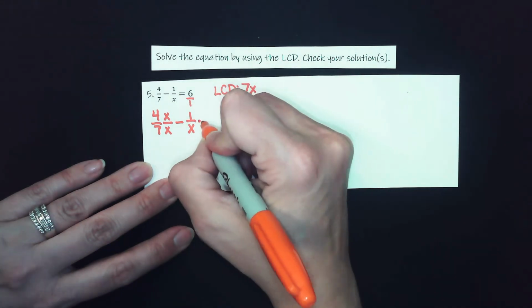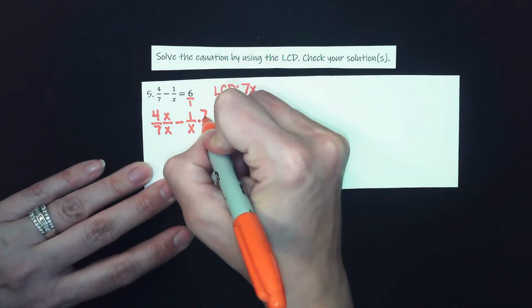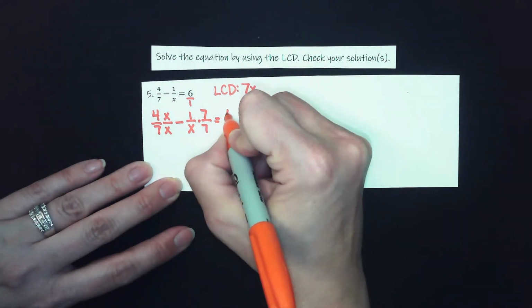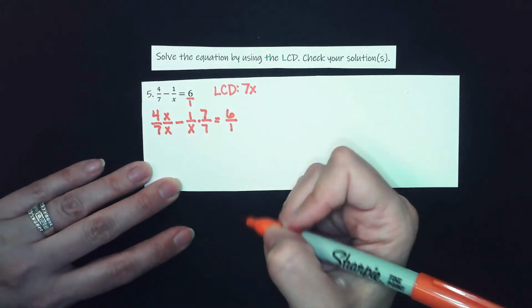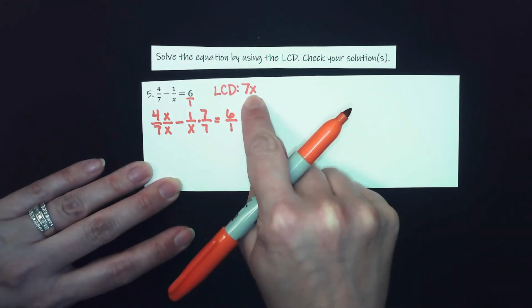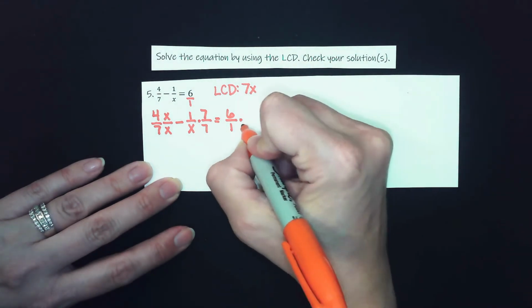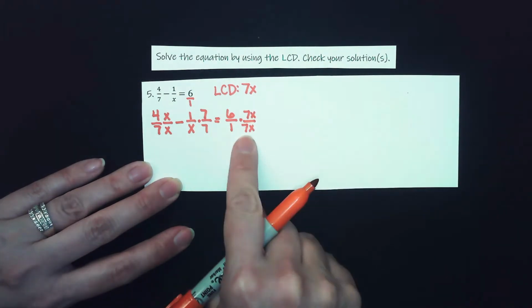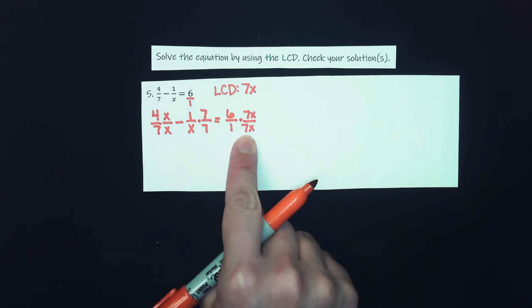I need to multiply it by a 7. And if you do that in the denominator, you have to do it in the numerator. Then I have equals 6 over 1. That denominator needs to be 7x. So I need to multiply that denominator by 7x, and therefore I have to multiply the numerator by 7x.